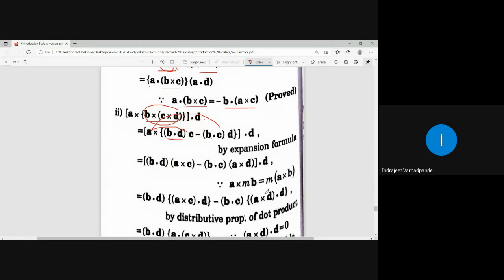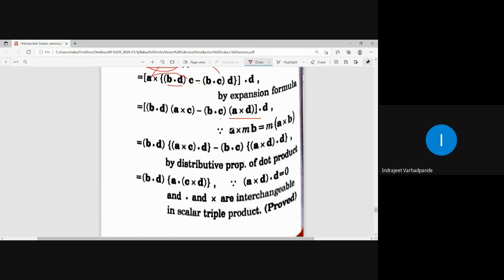Accordingly, scalar multiplied by the vector is nothing but scalar multiplied by the product of two vectors, that is, a cross mb is nothing but m into a cross b. Similarly, this dot is attached over here. By the distributive property, dot and cross are interchangeable in the scalar product, so accordingly I will be expressing them in the product form. So this is one of the results which we are asked to show.